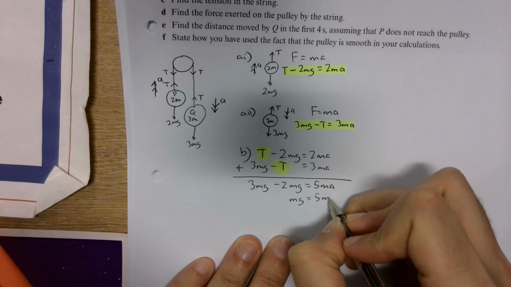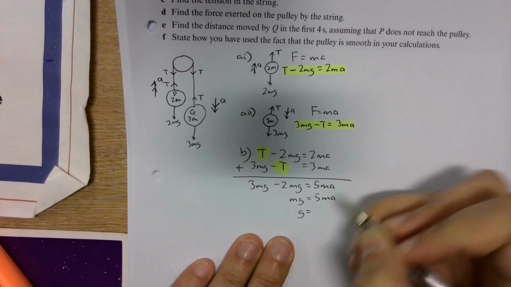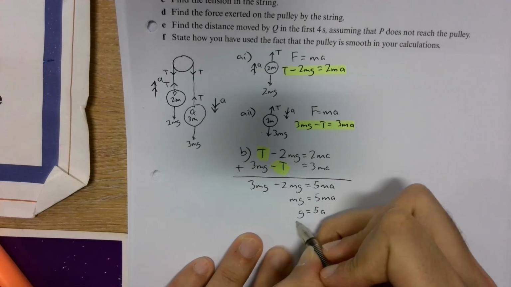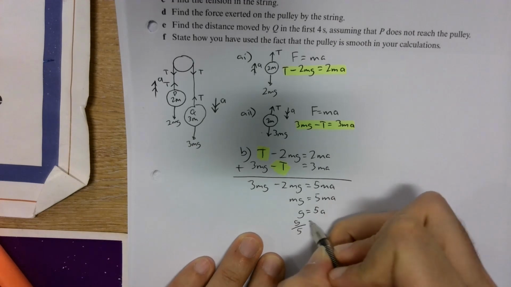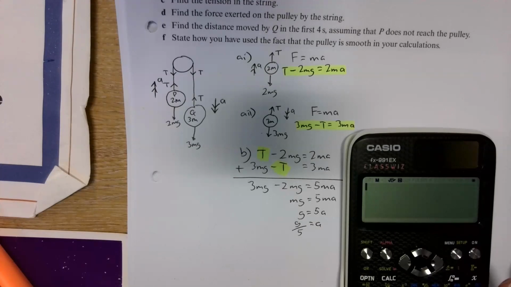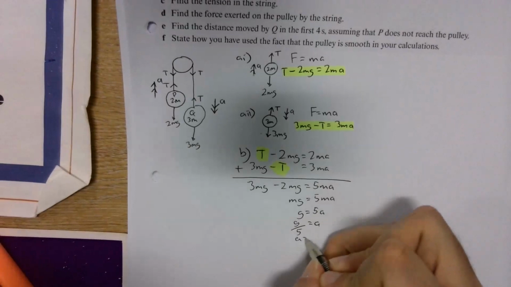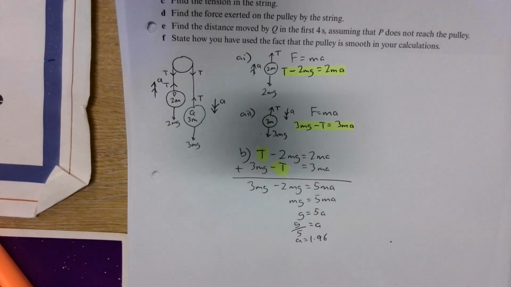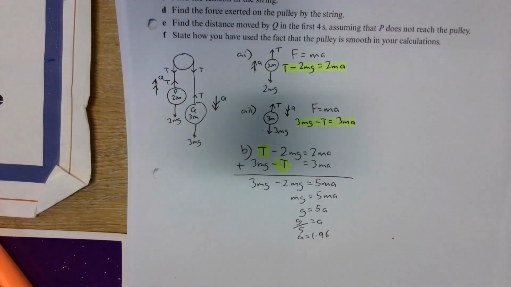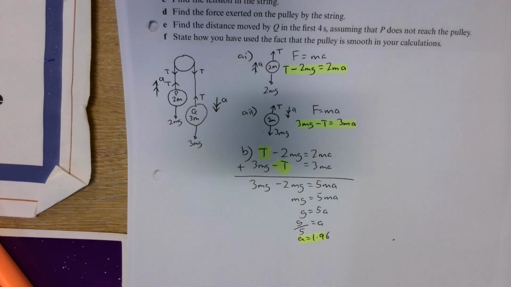I've got m's on both sides there, so I can cancel them. g will equal 5a, so g over 5 must equal the acceleration, and remember g is the number 9.8, so if we do 9.8 divided by 5, that gives me 1.96, so my acceleration is 1.96. Very important that, because I can use that later on.